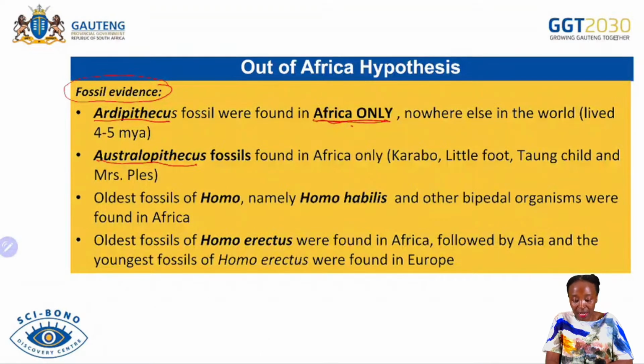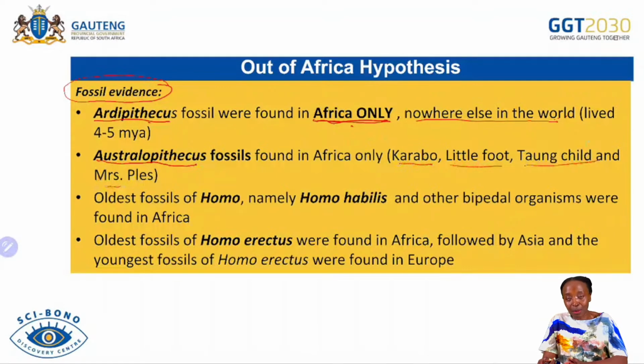It's very important that the fossils of the Ardipithecus and the fossils of the Australopithecus were found in Africa only and nowhere else in the world. So again, with the Australopithecus, remember the examples that we did earlier: Garabo, Lectuefort, Daung Child, and Mrs. Ples. These were all found in Africa, some of them in South Africa and some of them on the Great Rift Valley.